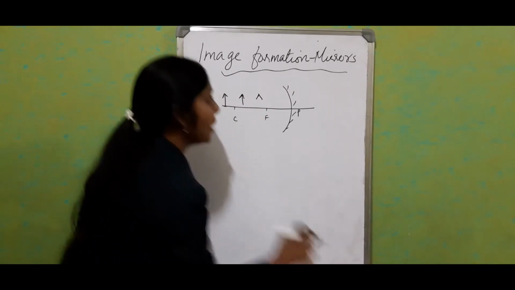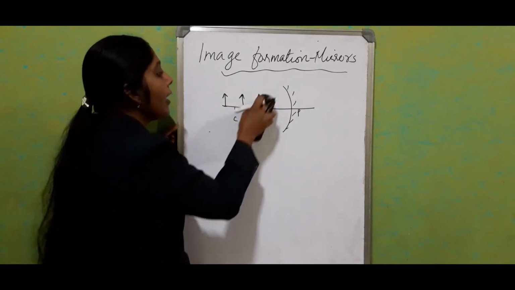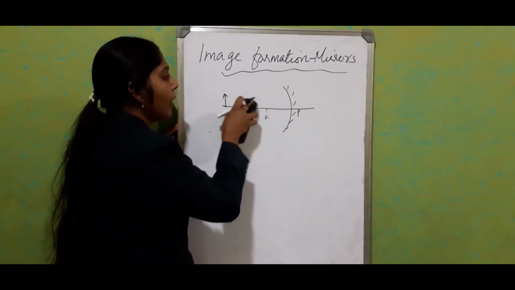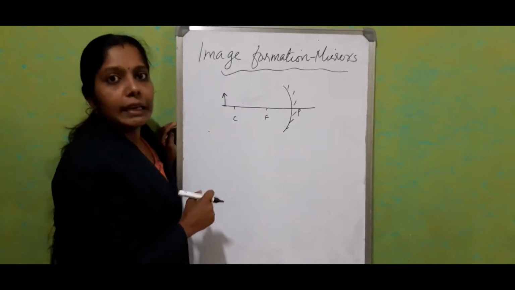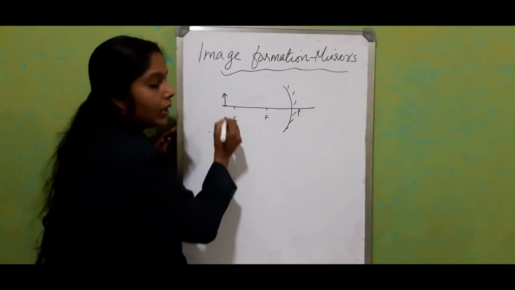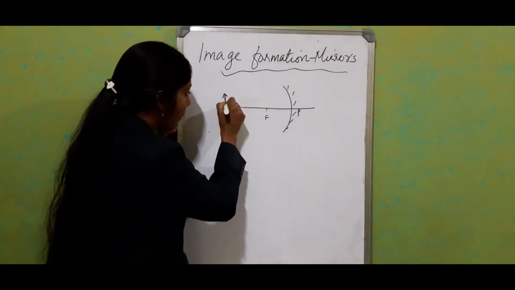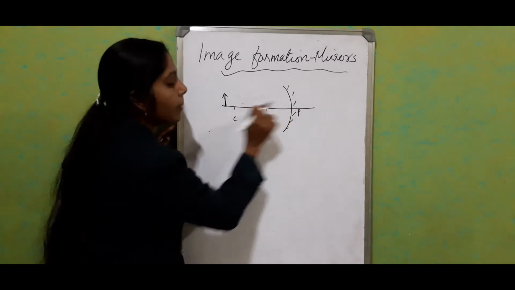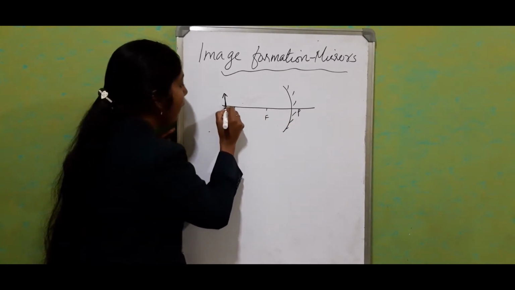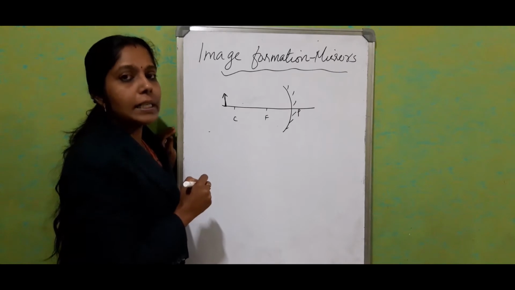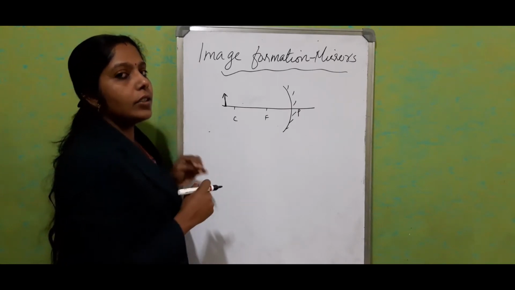If you do it this way, you will not get the marks. Ray diagrams are very important. So make sure you draw the object perpendicular to the principal axis and the foot touches the principal axis. That's the second rule.